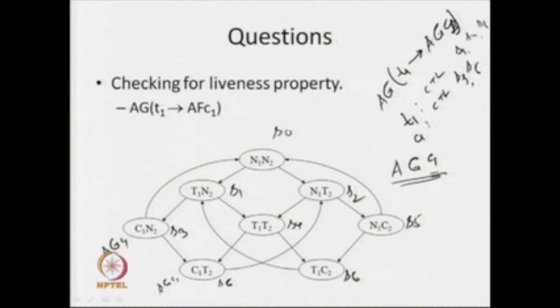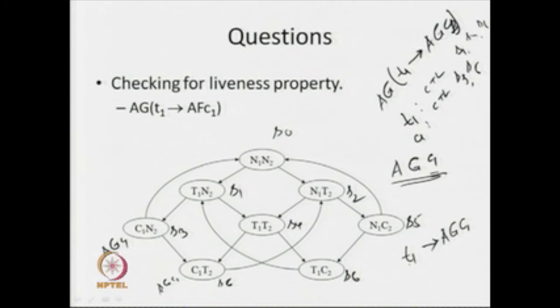Now, in this particular case, the next CTL formula will be T1 implies AG C1. You shall see that if T1 is true, then AG C1 must be true.